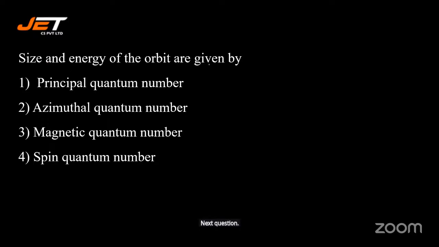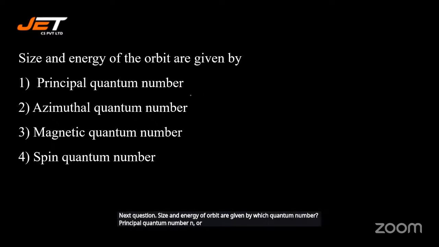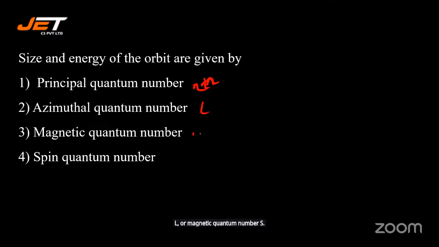Next question. Size and energy of orbit are given by which quantum number? Principal quantum number n, or azimuthal quantum number L, or magnetic quantum number ml, or spin quantum number ms. So which is the right option among these?